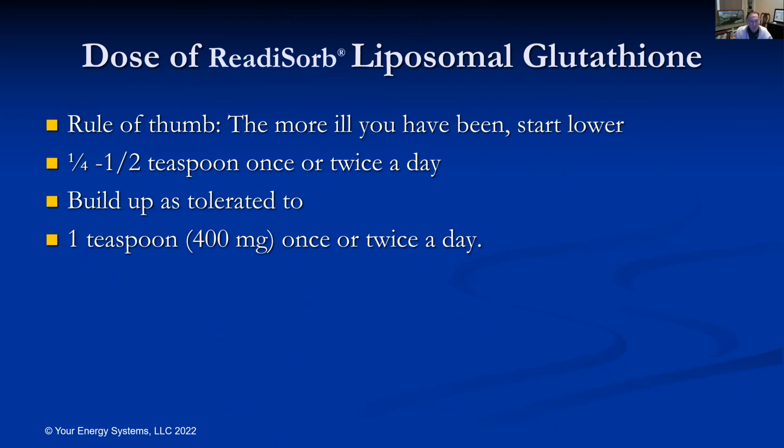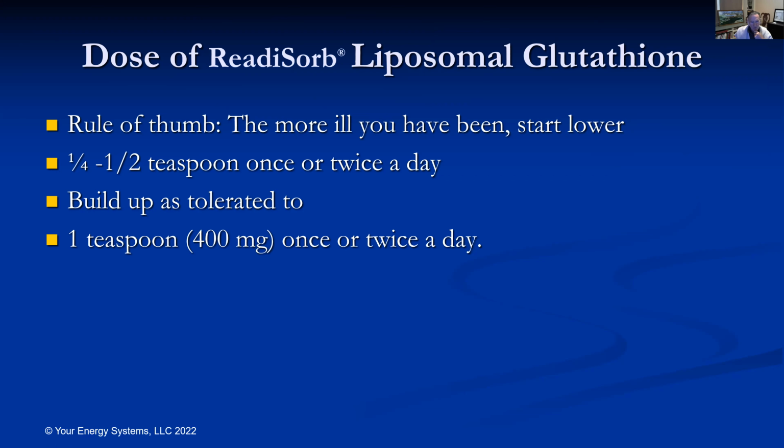As a rule of thumb, in terms of dosing, I recommend that if you've been ill for a while, you should start lower with the amount of glutathione, because some people experience what's referred to as a Herxheimer or a detox reaction as they begin to mobilize toxins.